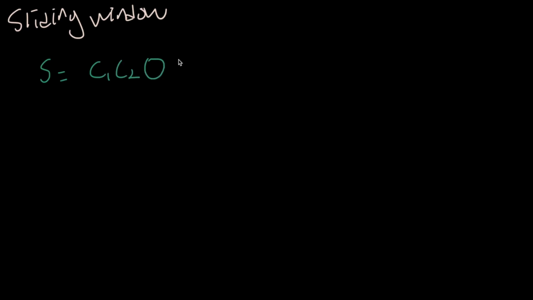All right, this time I'm going to introduce the sliding window solution. The intuition is actually pretty similar. Let's say that you have a string C1, C2, O, C3, C4, C5, O, C6, C7, C8, and so on.